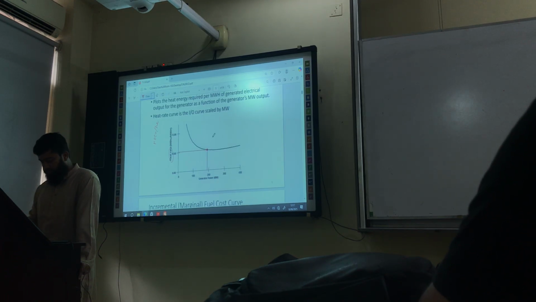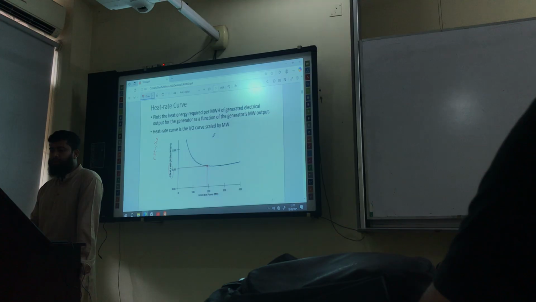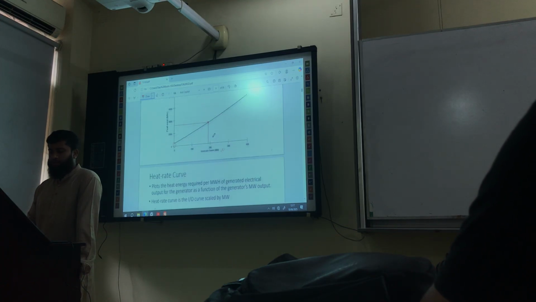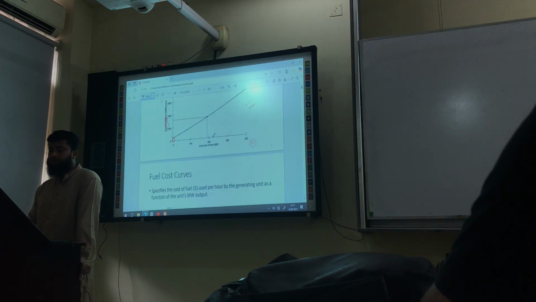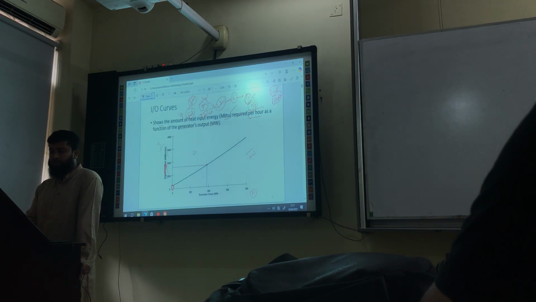But you can ask what the significance of the heat rate curve is. Now let's talk about the difference between this heat rate curve and this input-output curve. The input-output curve gives you the direct relationship between the megawatt and the heat input energy. Let's say you want 300 megawatt, right?